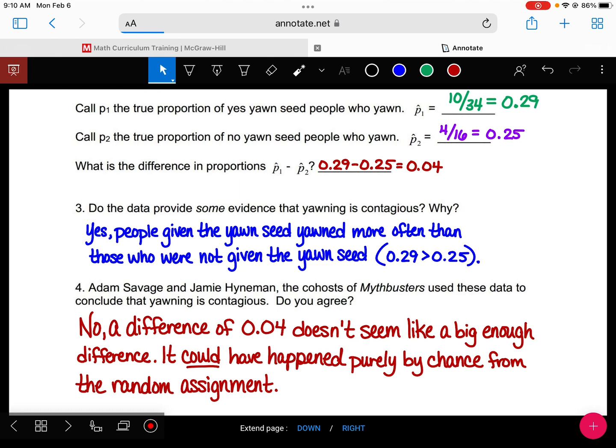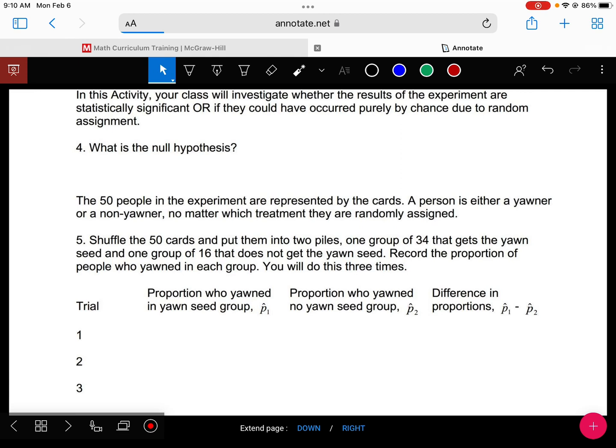Before we do that, though, I want to write down our null hypothesis. The null hypothesis is not what Adam and Jamie saw in their experiment. The null hypothesis, we're going to assume that this just happened by chance. If this just happened by chance, you're yawning already.